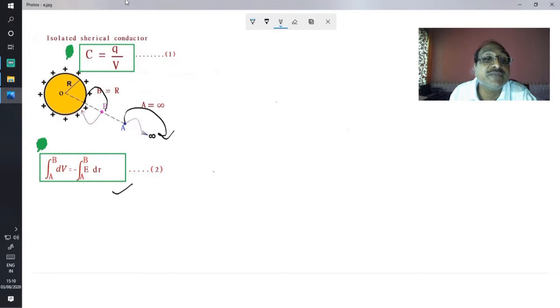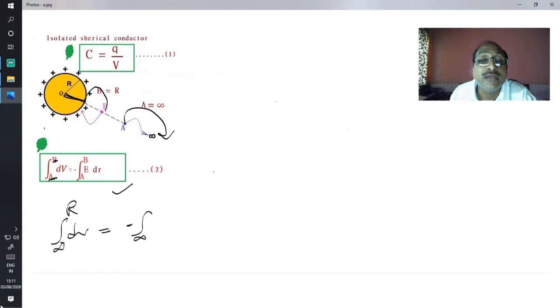In that situation, A will be replaced by infinity and B will be replaced by the distance of the surface from the center, that is capital R. dV equals minus integral from infinity to capital R of E dr, where the value of E equals 1 upon 4 pi epsilon naught K, Q upon R square.